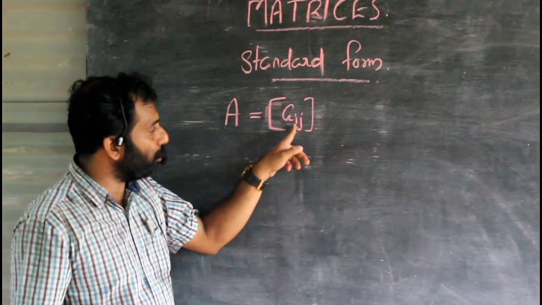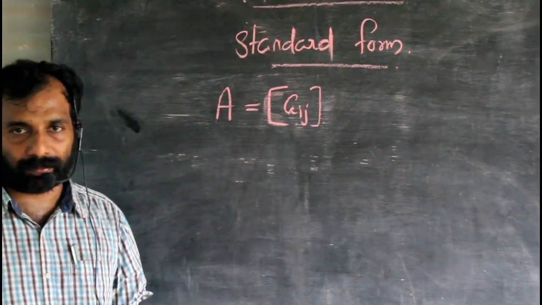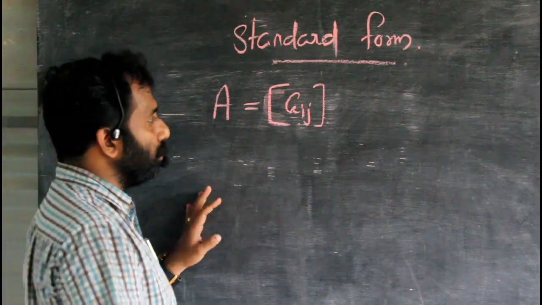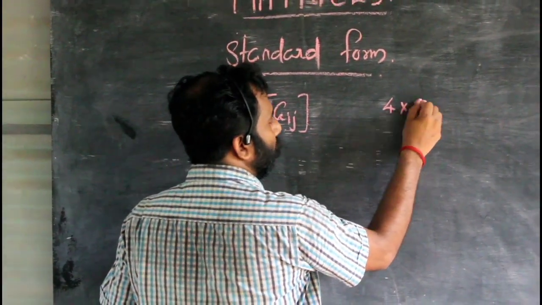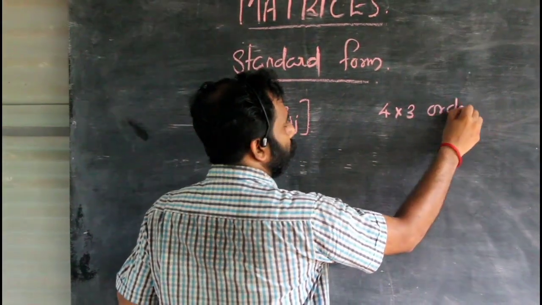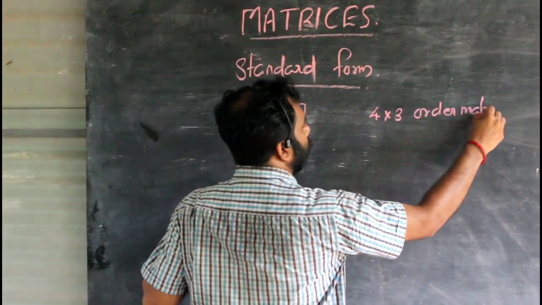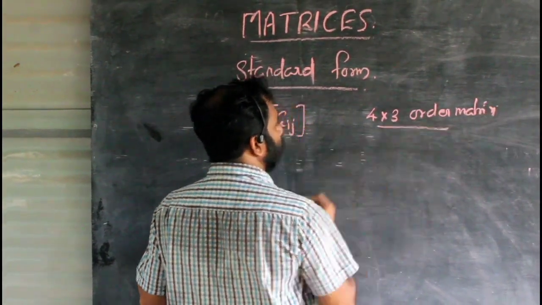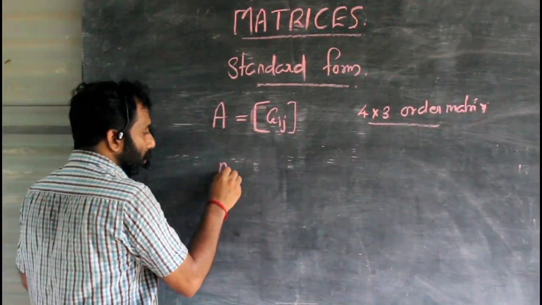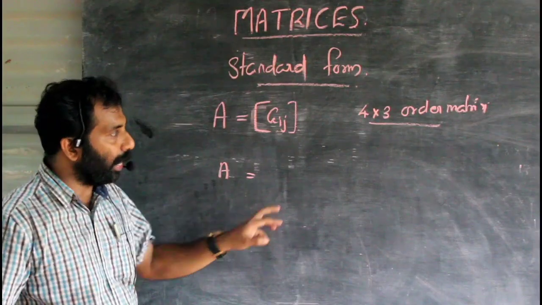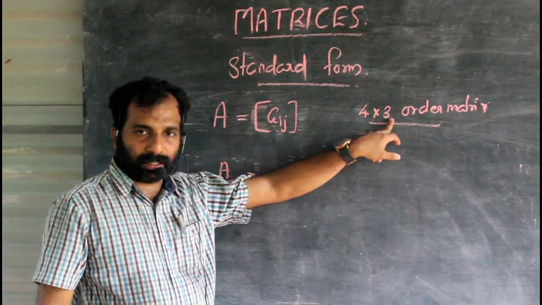So what about this i and j? I am taking a 4 by 3 order matrix. Suppose A is a 4 by 3 order matrix. Then we know that A has 4 rows and 3 columns.